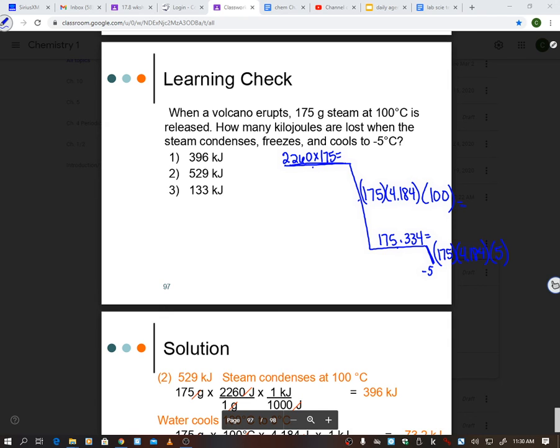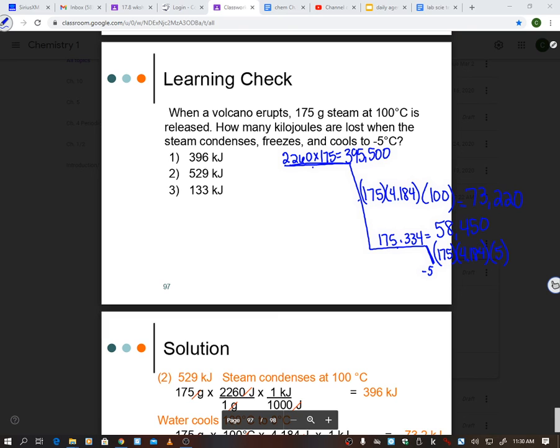Now I'm going to do all these calculations. 2,260 times 175 is 395,500. 175 times 4.184 times 100 is 73,220. 175 times 334 is 58,450.